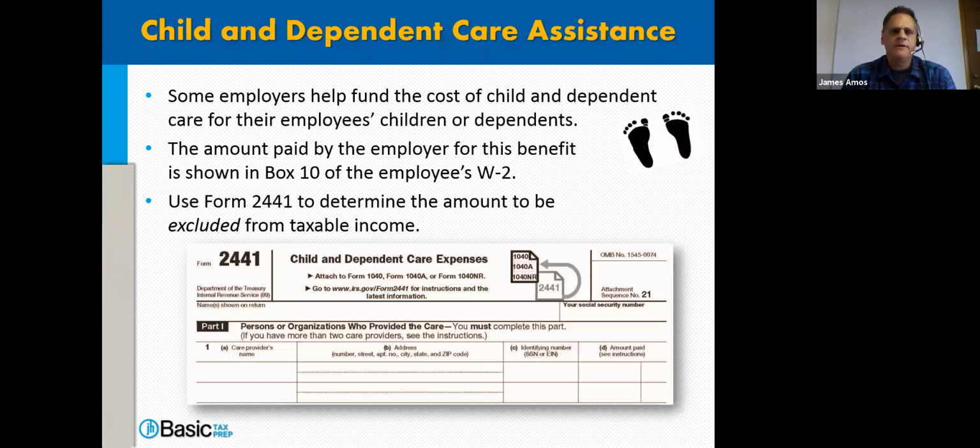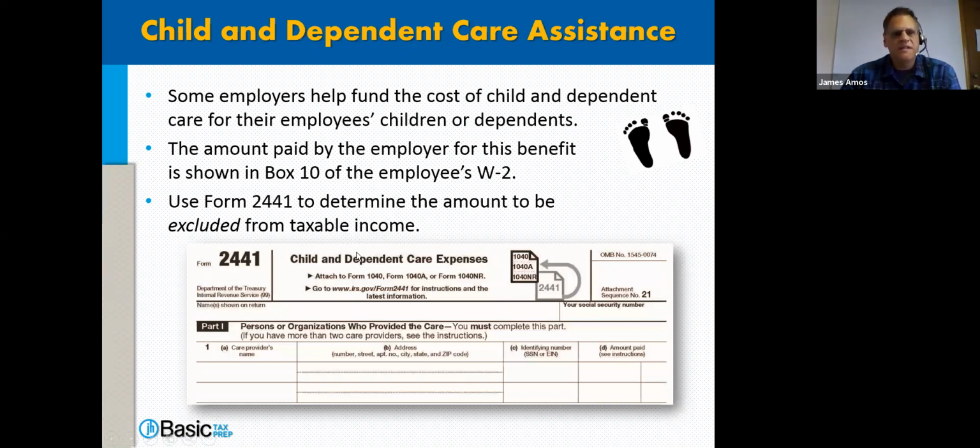If that amount is in there, it's in there because when you go to calculate this thing that's called child and dependent care expenses, which is a credit that can be taken on a tax return. Have we discussed this yet? No, but when you go to calculate it, you need to know what that amount is, because that affects the calculation.